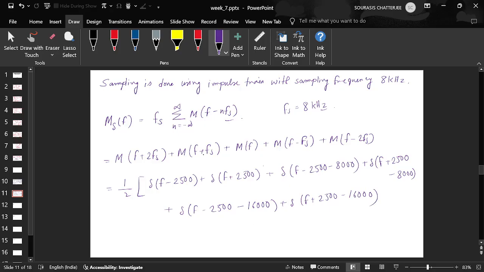The terms corresponding to f plus fs are delta(f minus 2500 plus 8,000) plus delta(f plus 2500 plus 8,000), and for f plus 2fs, delta(f minus 2500 plus 16,000) plus delta(f plus 2500 plus 16,000).